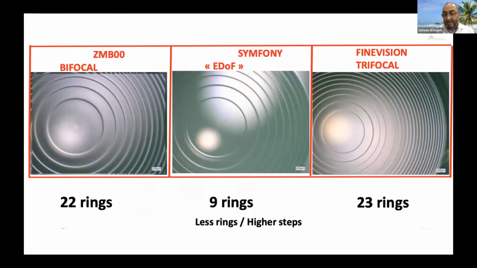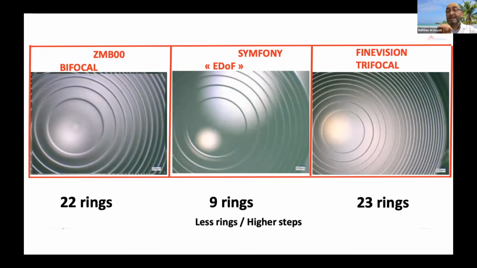I'm asking all the companies, all the clinicians from the company responsible for the power, not to tell me any issues related to the power of the Symphony that can reach the corneal level, which is, in my experience, around 1.5. And comparing the rings, we have 22 in the bifocal and 23 in the trifocal, while Symphony has 9 rings.